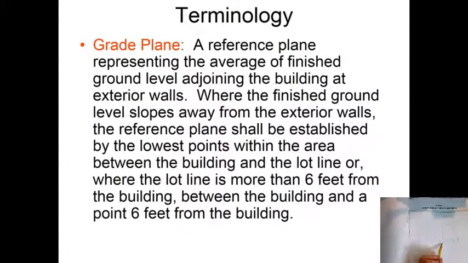It's really established at the lowest point, where the area is between the building and the lot line. So when we talk about more than 6 feet from the building, if you go away 6 feet from the building, then between the building and the point 6 feet away, all of this would be considered your grade plane.